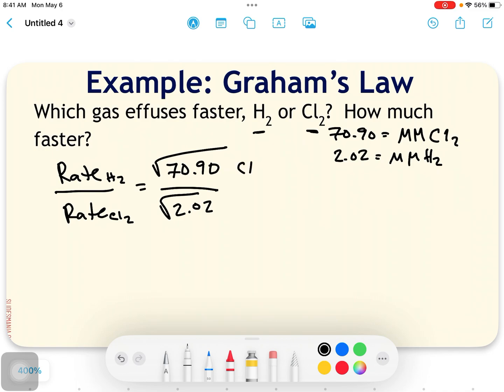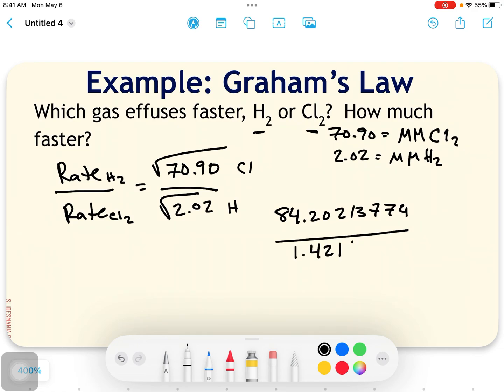So again, these are flipped. This is chlorine's and this is hydrogen's, so that you can cross multiply. What I would do here is take my 70.90 and square root that. You should get 8.4202137774. Over, take 2.02 and square root that.